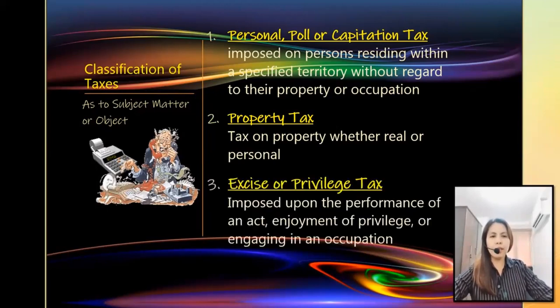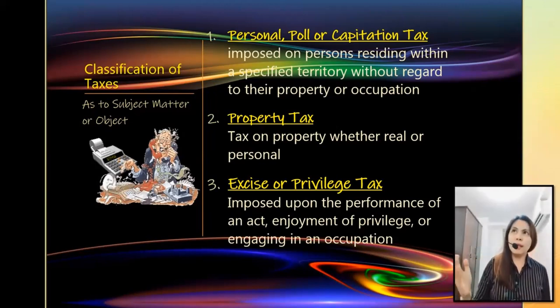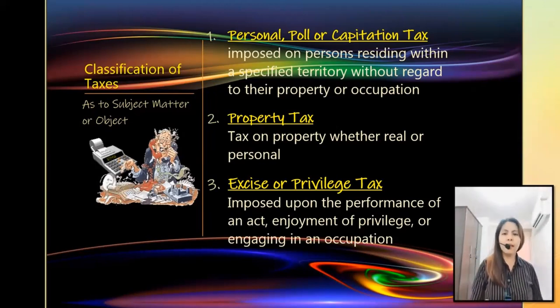Excise or privilege tax is imposed upon the performance of an act, enjoyment of privilege, or engaging in an occupation. Example, income tax. When you derive income, you are given the privilege by the government to earn the said income. Income tax is excise or privilege tax.